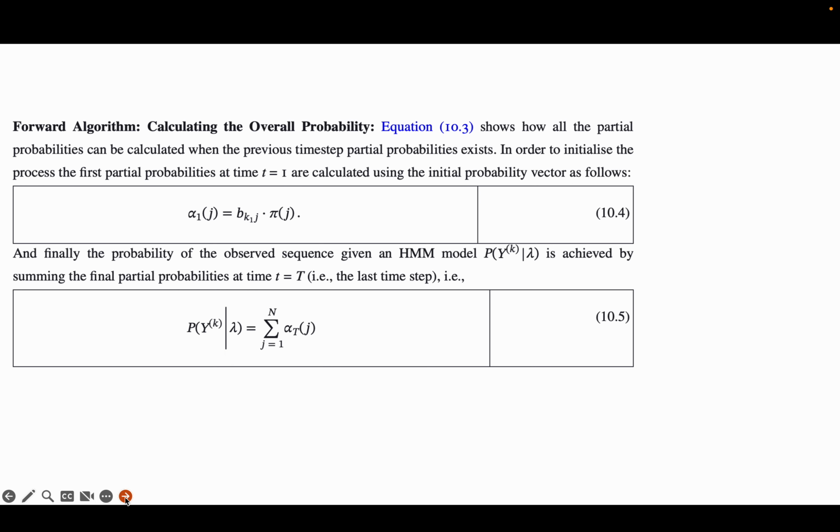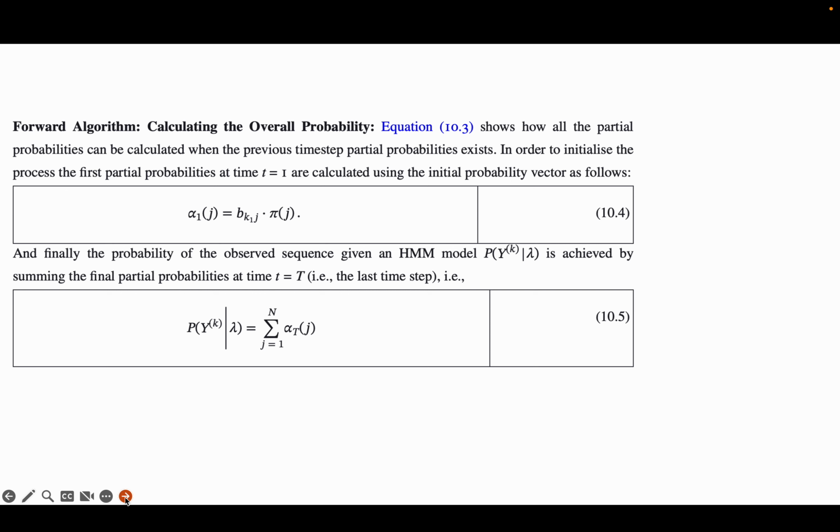So the forward algorithm allows you to calculate an overall probability. After however many time steps, you can get a final probability, and that's shown here in equation 10.5. You sum the final partial probabilities at time little t equals big T, the last time step, and get a probability of an observed sequence.